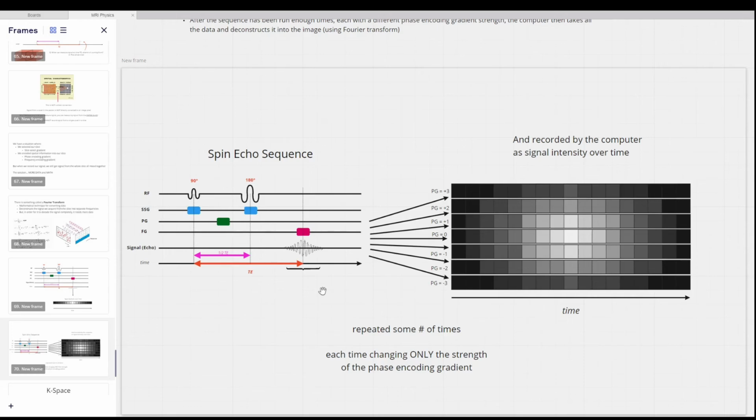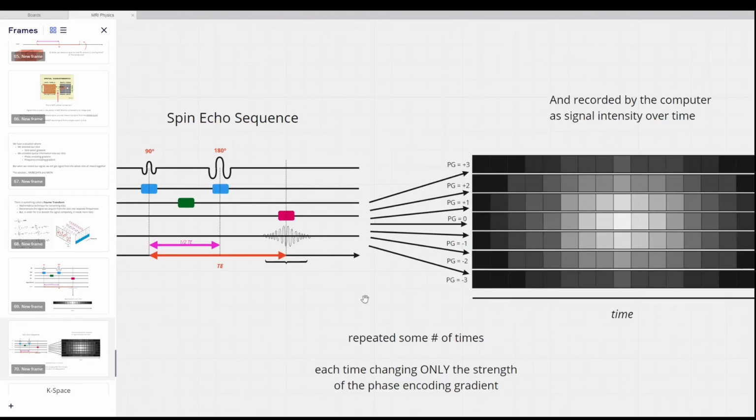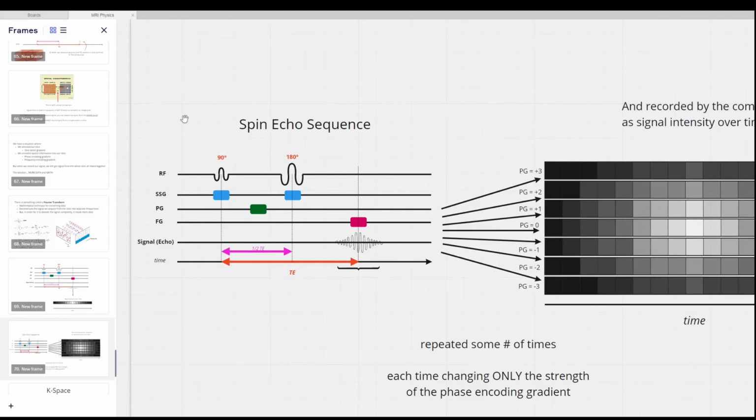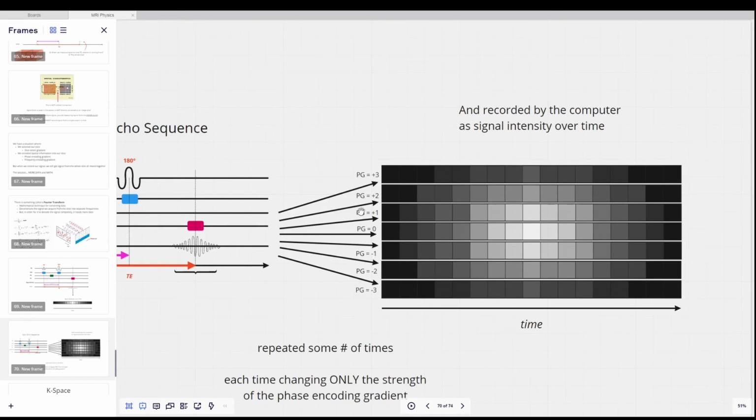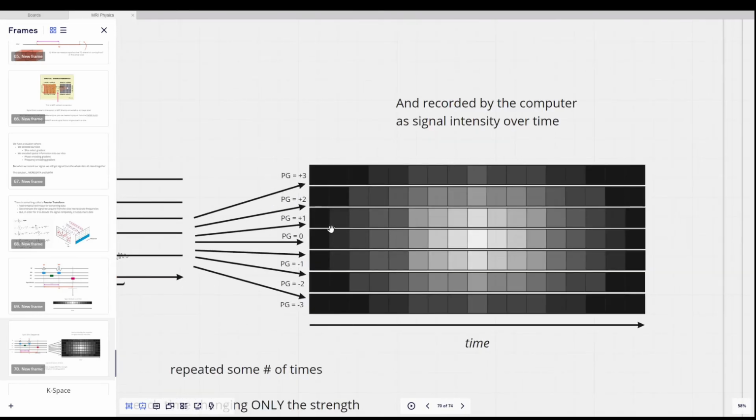By combining all of those pictures from different angles, you would be able to arrive at what this thing looks like in three-dimensional space. Does that make sense? That's what we're doing here. We're repeating our sequence a bunch of times. Each time, we're just changing the strength of our phase encoding gradient, and then the computer is recording that signal over time.